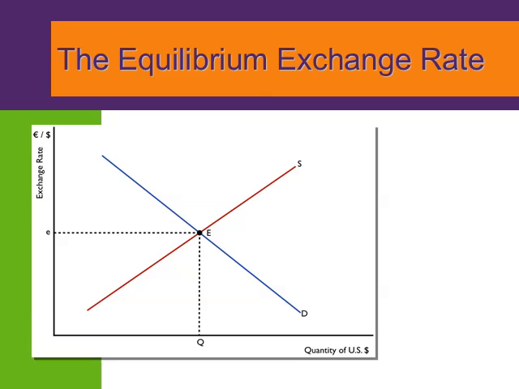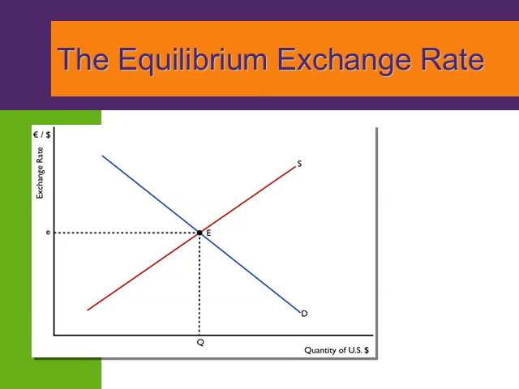Now, because we are considering dollars and euros, notice that we have the quantity of US dollars on the horizontal, and then our price is now the exchange rate. We're always going to have it set up so that you have the price of one currency in terms of another.